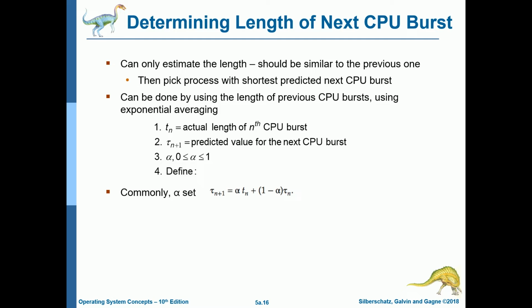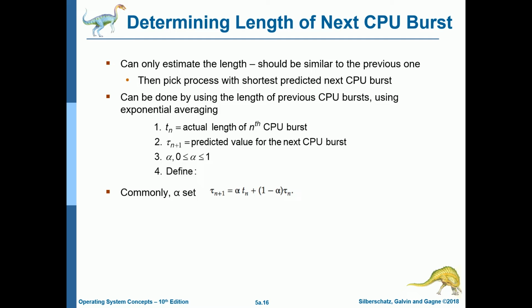For instance, if alpha is equal to 0, then tau_(n+1) is equal to tau_n, and the recent history has no effect. On the other side, if alpha is equal to 1, then tau_(n+1) is equal to t_n, and only the most recent CPU burst matters.